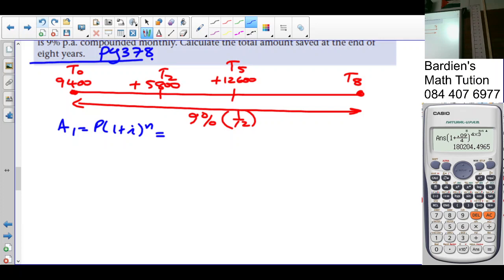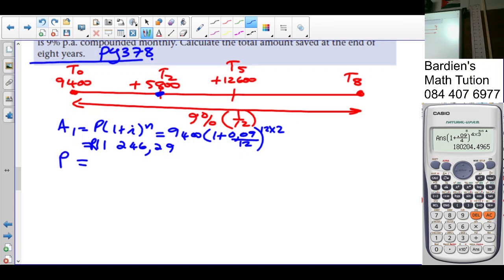So I'm going to do both methods for you, okay? So it will be 9,400 into 1 plus 0.09 over 12 to the exponent 12 times 2. That gives me an answer of 11,246.29. So what happens now at this point?